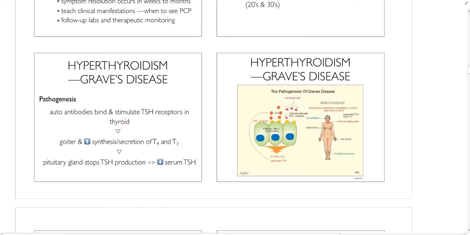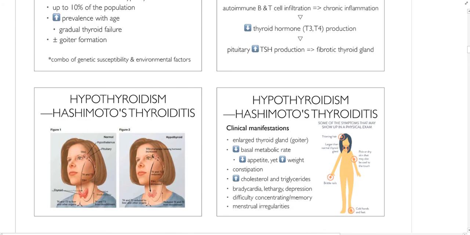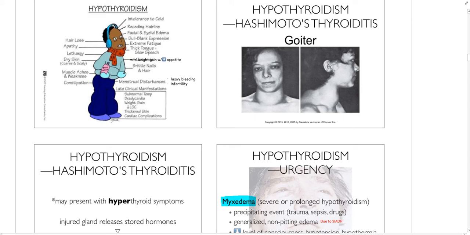So what's a little bit different about this is that it's the TSH receptors that are affected by the autoimmune disease. So up here we have autoimmune infiltration, leading to chronic inflammation and destruction of the thyroid gland.